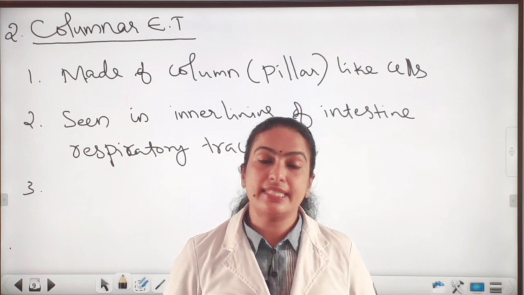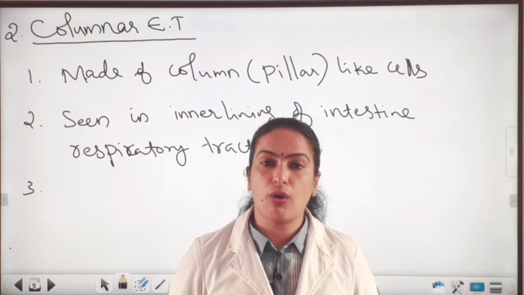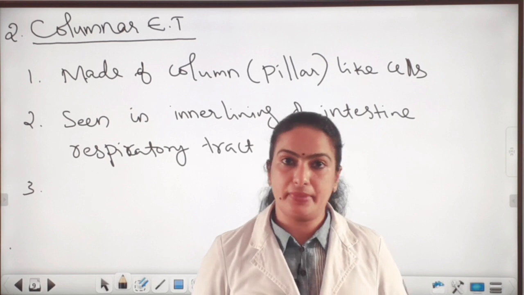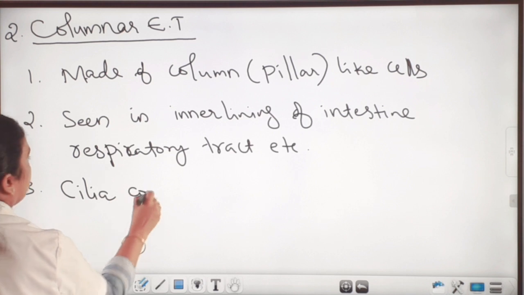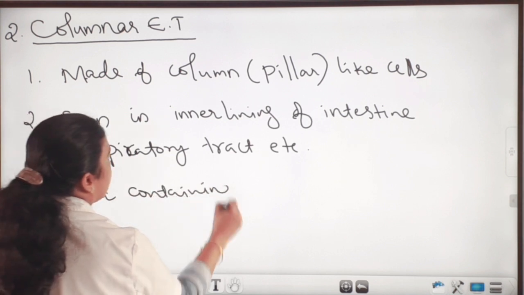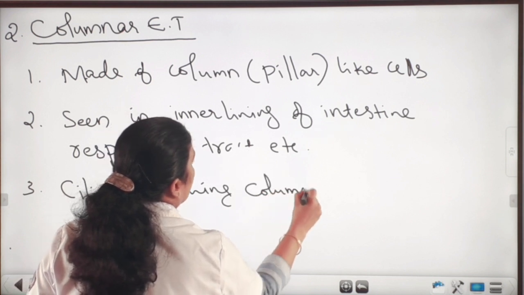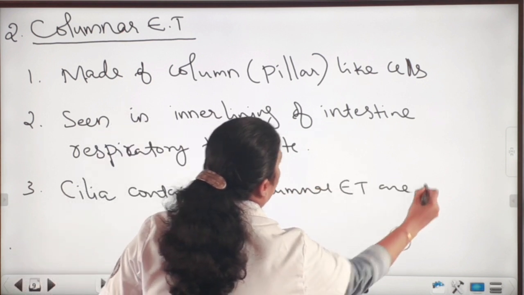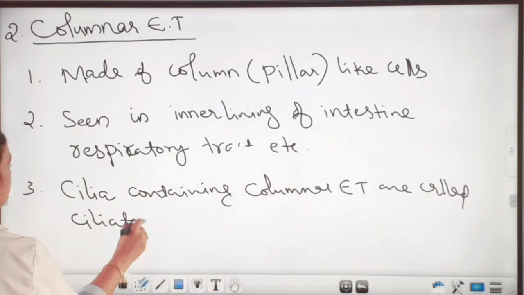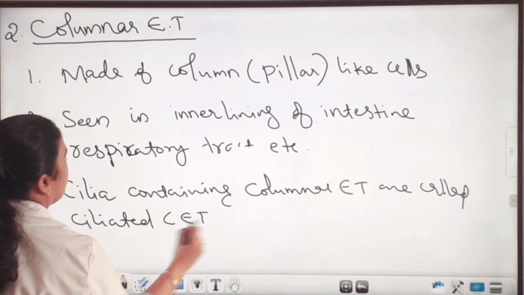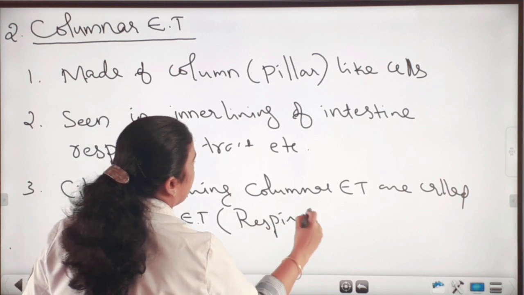So such cilia-containing columnar epithelial tissue in the respiratory tract is called ciliated columnar epithelial tissue, and that can be seen only in the respiratory tract.